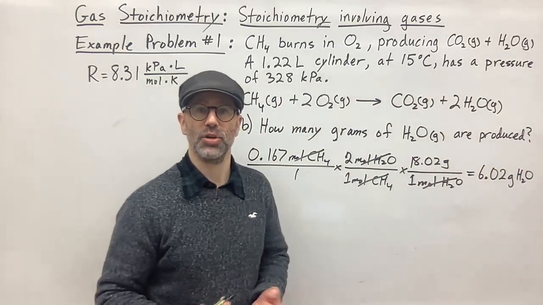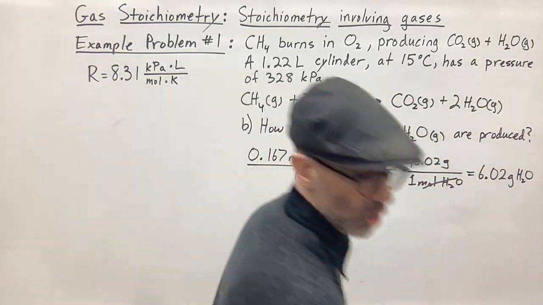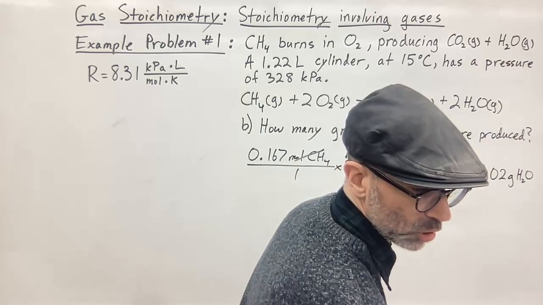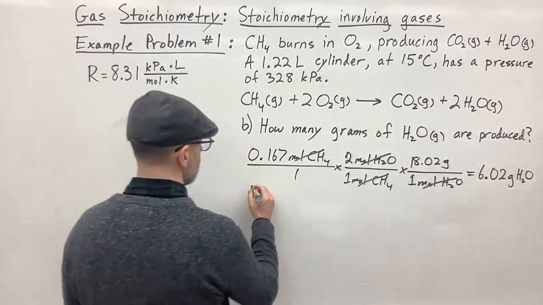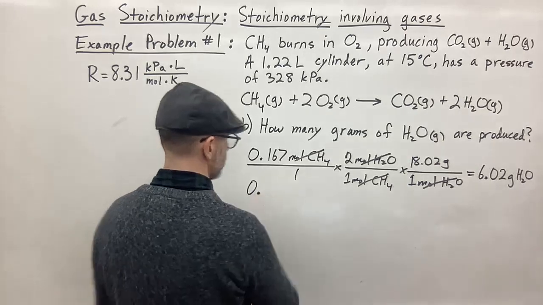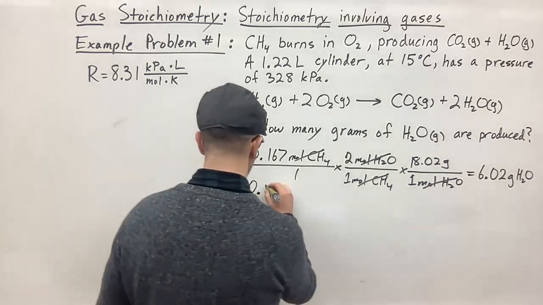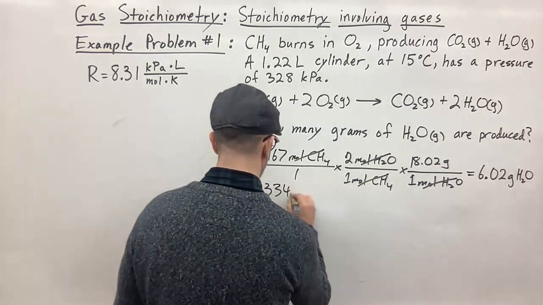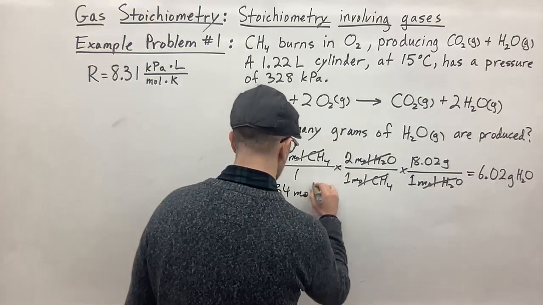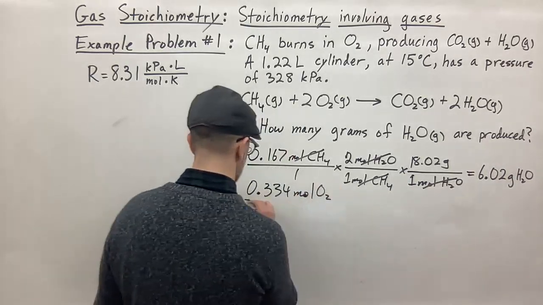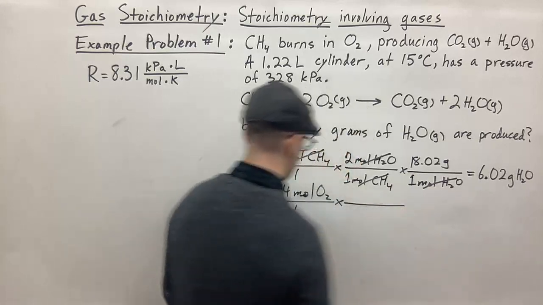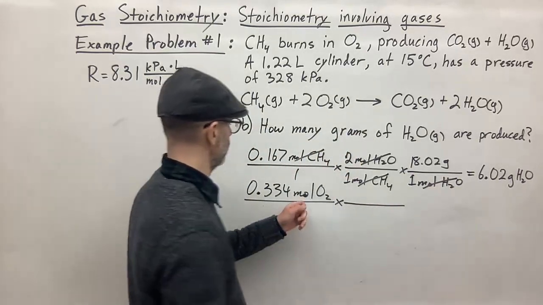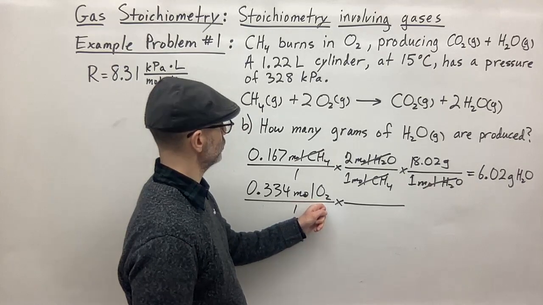Now, I could also have done this with oxygen. So if I use the moles of oxygen that I calculated in A, that would be 0.334. So I have 0.334 moles of O2 over 1. And again, I'm going to use the mole ratio in my balanced equation. So this time I'm starting with oxygen.